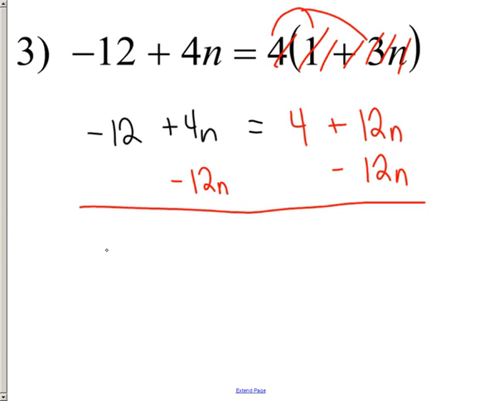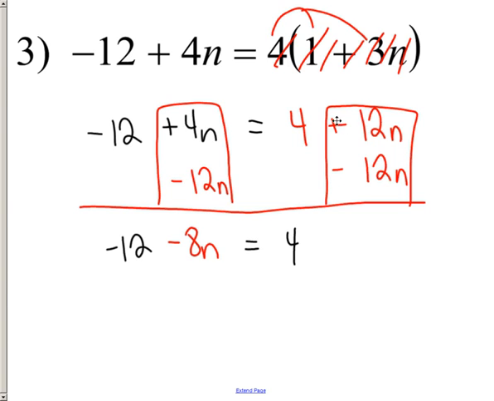This negative 12 is not involved, so we'll drop that straight down. 4n minus 12n is negative 8n, so I'll just write minus 8n. Equal sign drops down. The 4 can drop straight down. And 12 minus 12, well, that makes that go away. Two-step equations, all that we have left now.